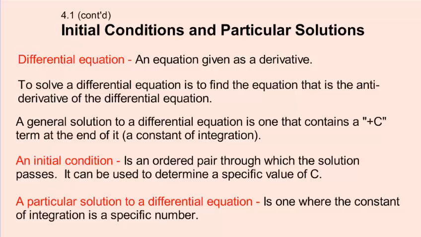A particular solution to a differential equation is one where the constant of integration is known. It's a specific number. That's the kind of solutions we're going to be looking to come up with today.